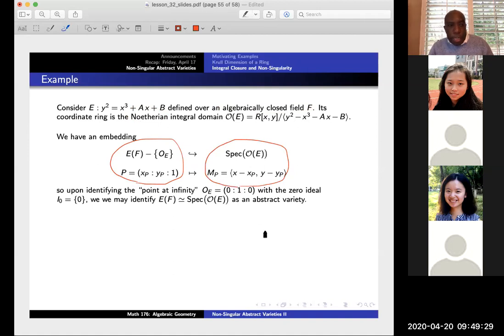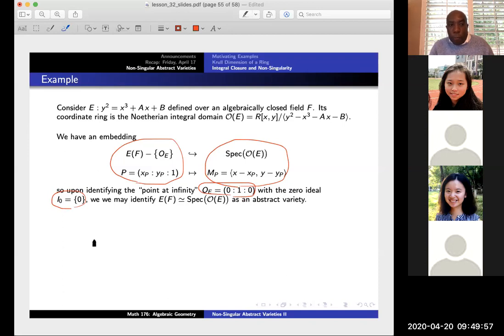So again, here we're just taking an affine point and relating it to a maximal ideal. But now we have one more point on the elliptic curve, which is the point at infinity. So let's relate that with the zero ideal. Remember that the zero ideal is a prime ideal that is not maximal.